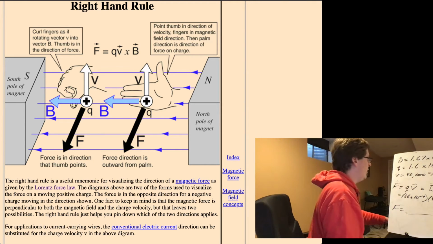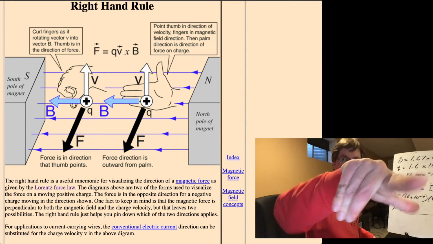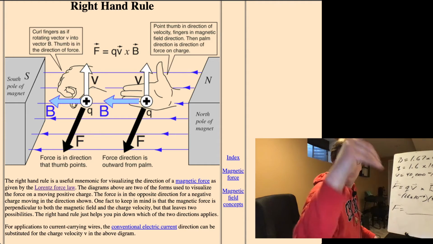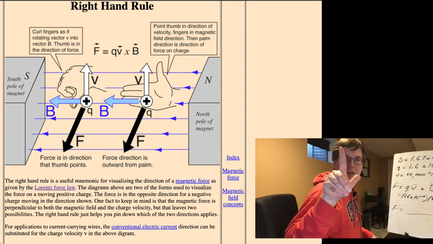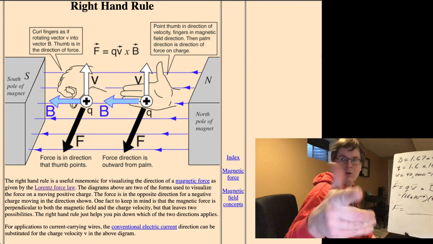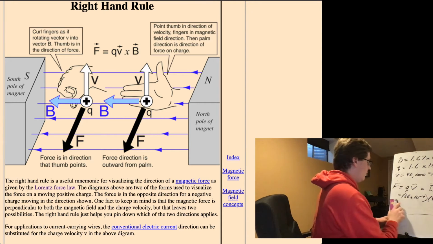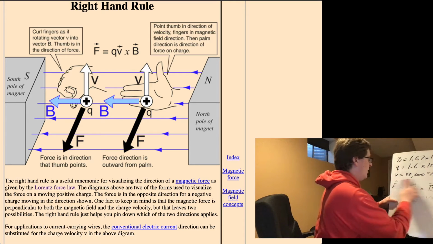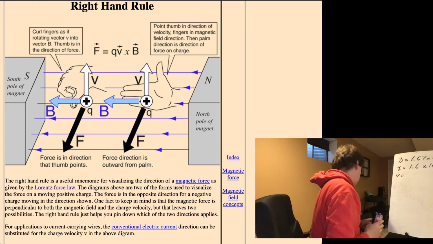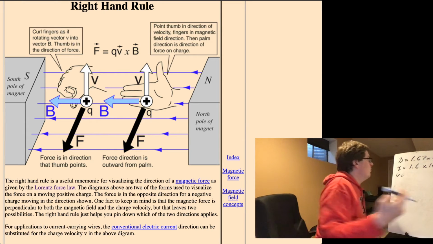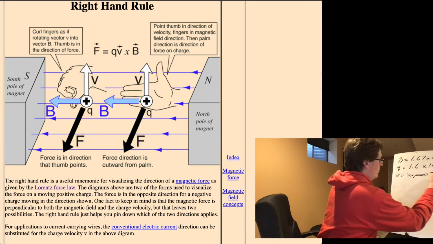If you know 2 of the 3, then no matter which way you rotate your hand, if you keep it locked in this position, you'll always have the answer for which direction the 3rd one is pointing. It's kind of a hack to skip the algebraic part of this and just figure out the direction using a little trick.